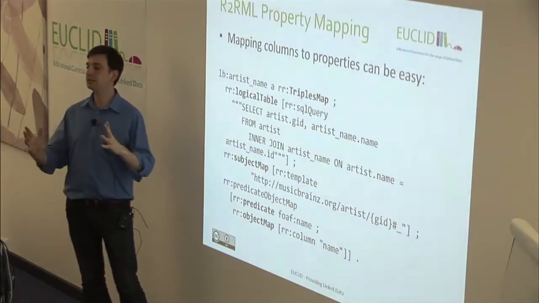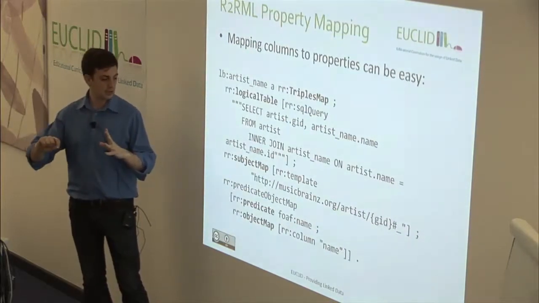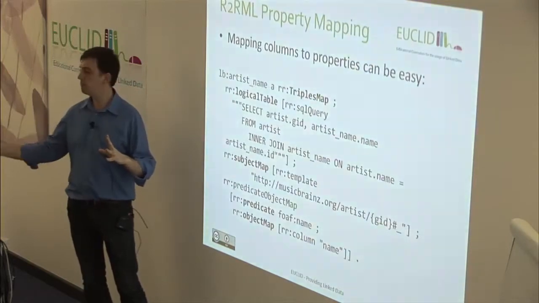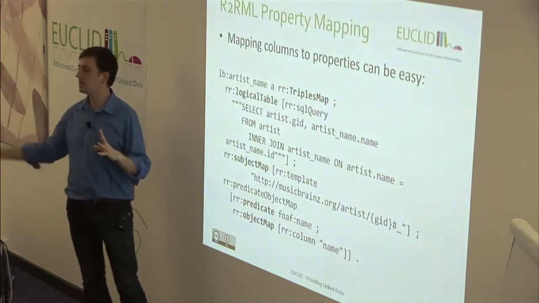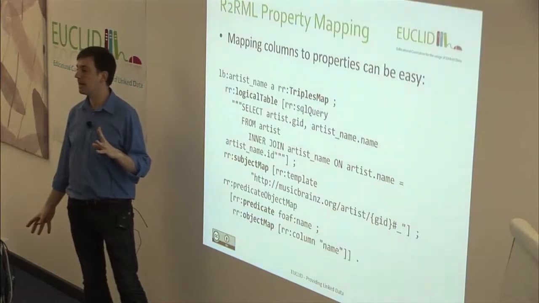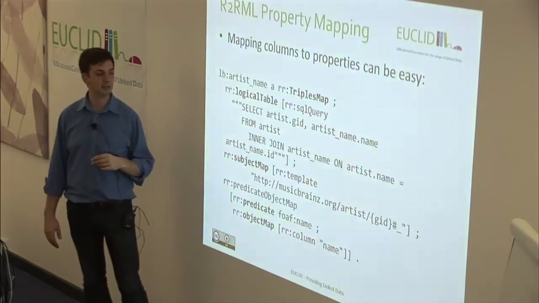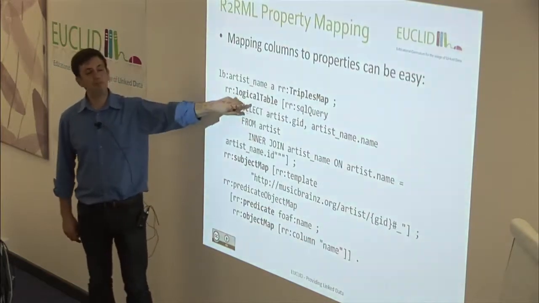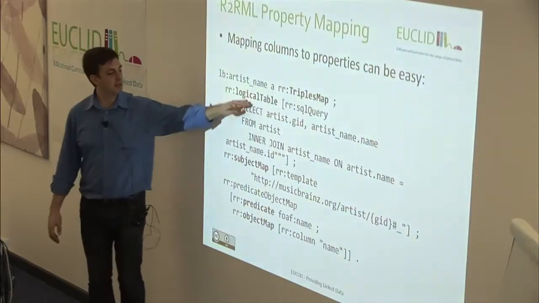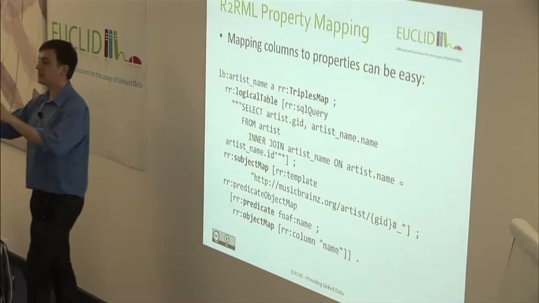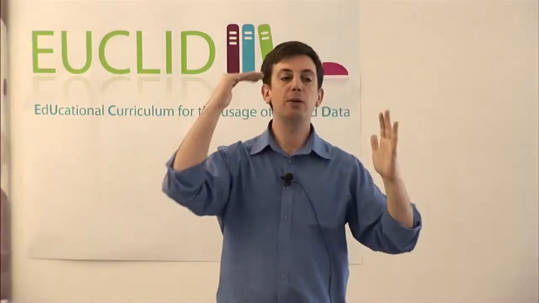So the artist defines its primary name in a table, in a join table full of names. Some artists actually have multiple names. They have aliases, which you can see in the full set of mappings. Okay? So the basis of the map is to first do a SQL query that makes a logical table, and then we're going to go through that table and turn rows into triples.